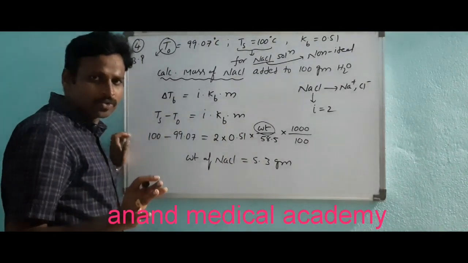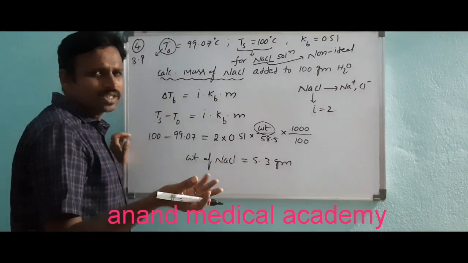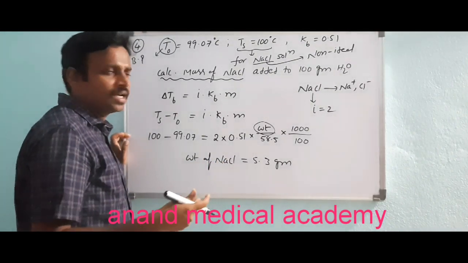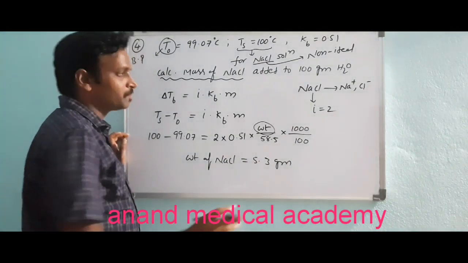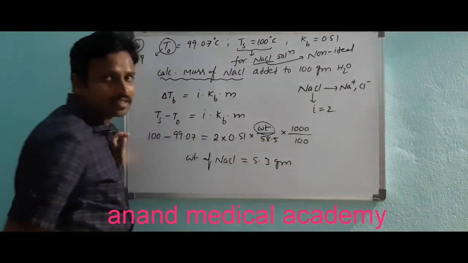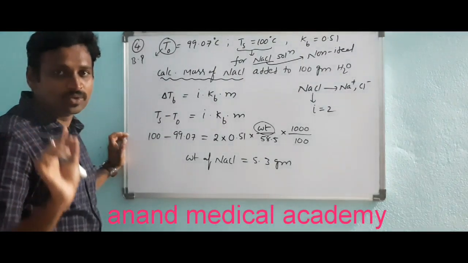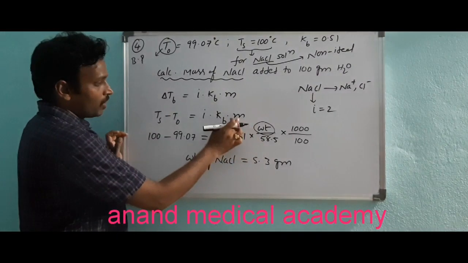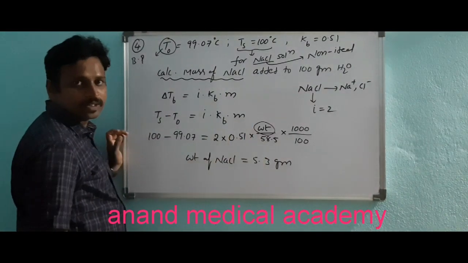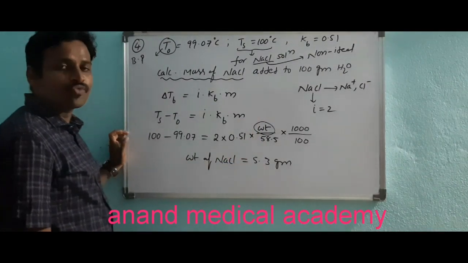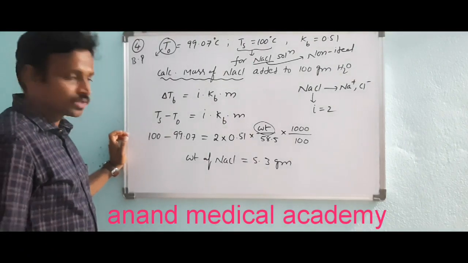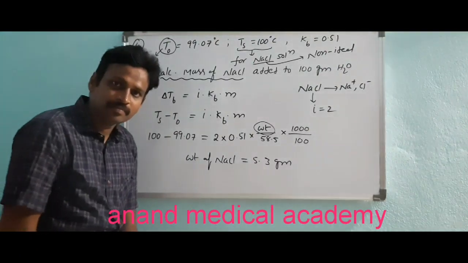If they had given, suppose, 90% dissociation, then you have to take alpha into account. Here there is no need of alpha. i equals the number of particles if 100% dissociated. In the molality formula i was substituted here, and from that the weight of solute was calculated. Who is the solute? NaCl here.